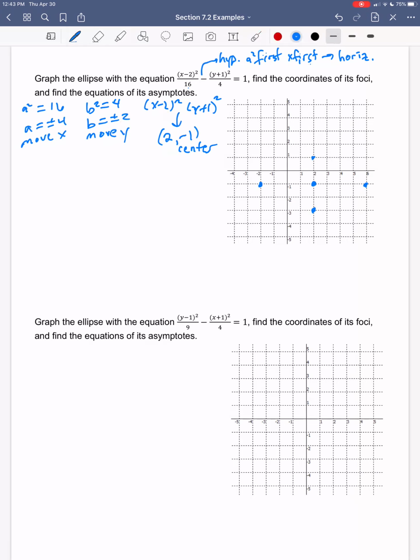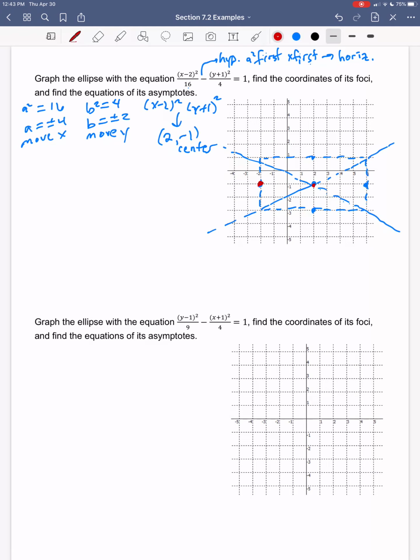Now I make the box, this fundamental rectangle. I just connect that all the way along. Once I have the rectangle formed, I'm going to connect the diagonals. That's going to give me the asymptotes for this graph. Since it's horizontal, I'm going to move left or right from the center to get to the vertices.